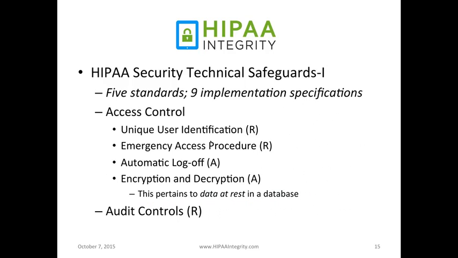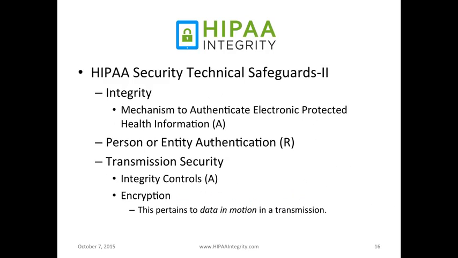Access control to information, audit controls, checking how electronic data are tracked, integrity of the information to authenticate the data, authentication of persons who have access who are authorized to deal with the information, and transmission security.